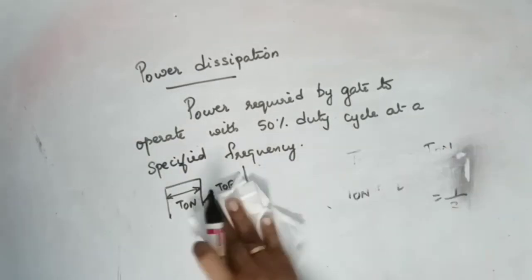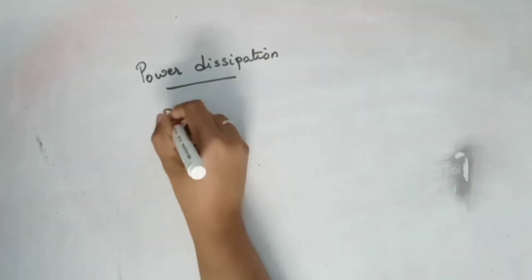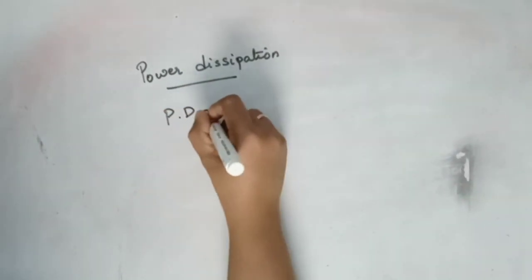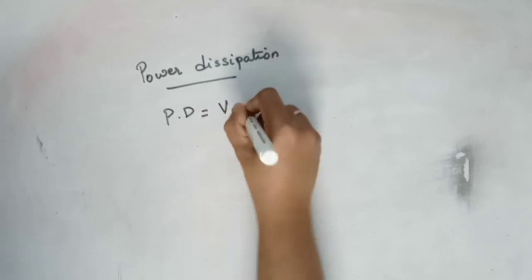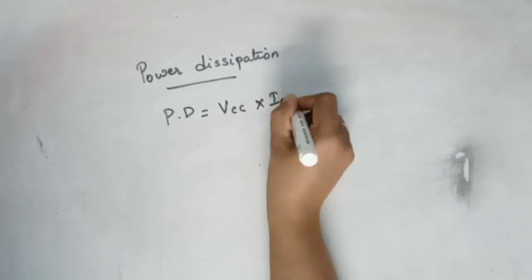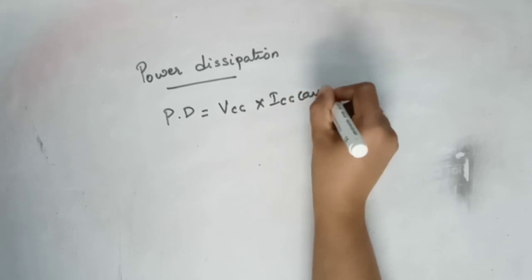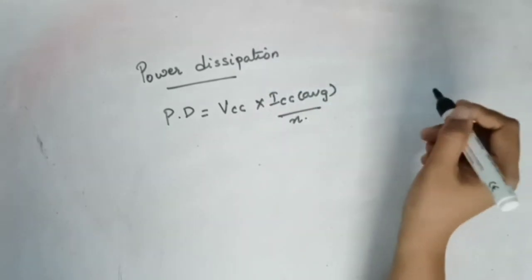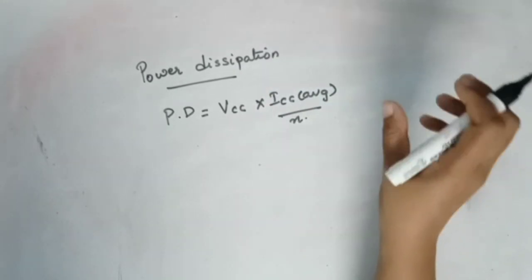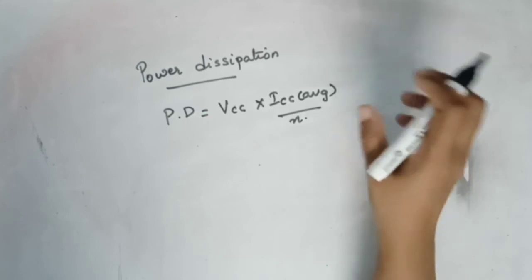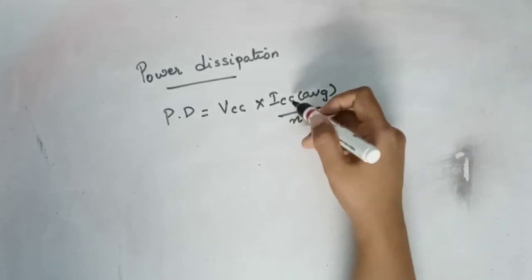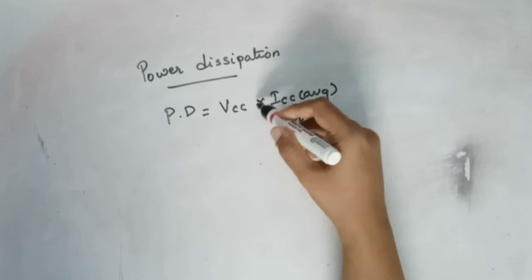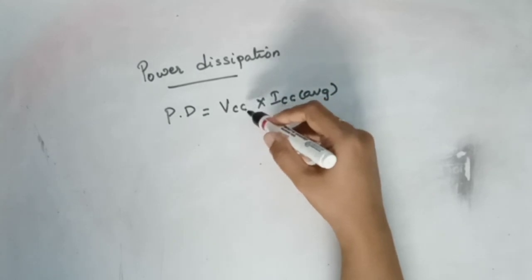So power dissipation is defined as VCC into ICC average by N. VCC is the power we give for the IC to work. Usually it is 5 volt. ICC is the current derived from the VCC, from the power supply.